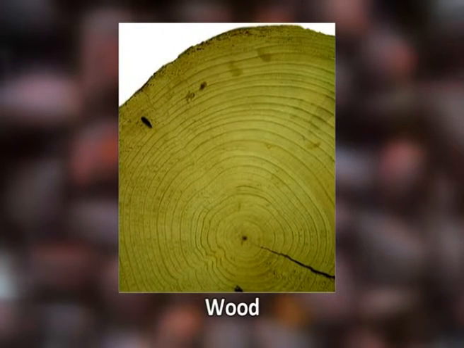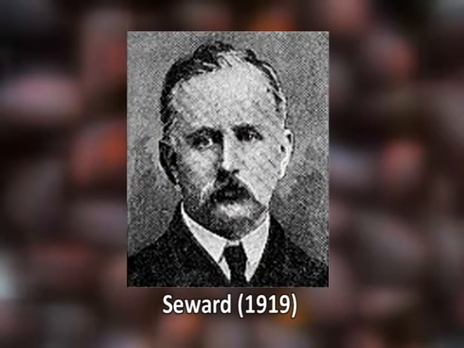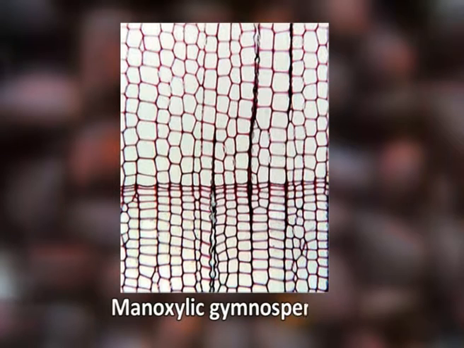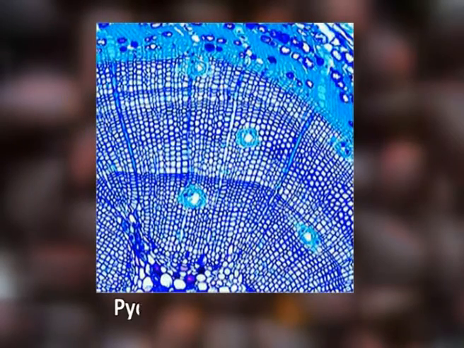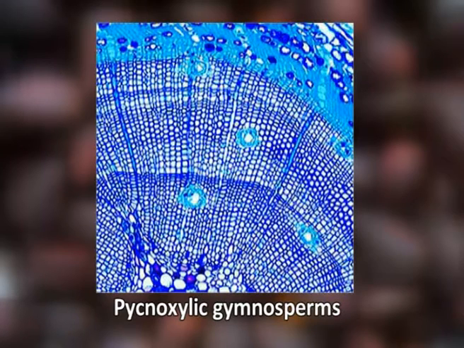Depending upon the composition of wood, Seward in 1919 divided gymnosperms into 2 classes. 1. Manoxylic gymnosperms. These gymnosperms have loose textured and porous wood. And second class, pycnoxylic gymnosperms having compact wood.